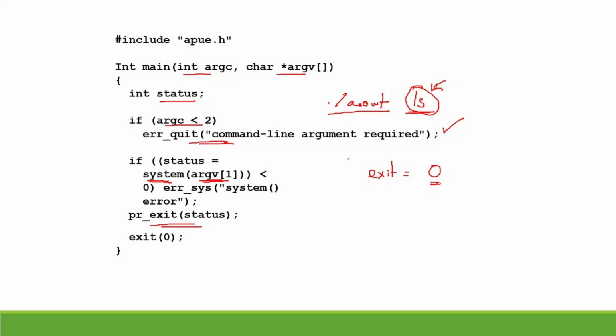And finally this one, where a program reads a command from the command line argument and executes this command by passing it to system, and the exit status of that system call is displayed. So this is about system.